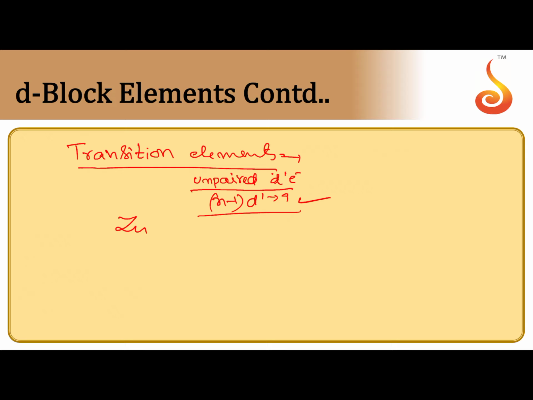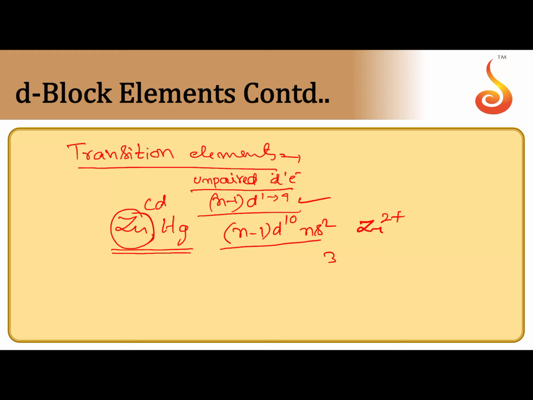If you take the 12th group, zinc, cadmium and mercury, in these elements the n minus 1 d is completely filled with 10 electrons, ns2. That is why even in their stable oxidation state like Zn2 plus, the 3d 10 electronic configuration is there.